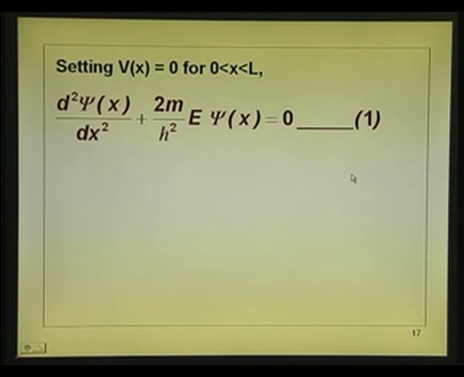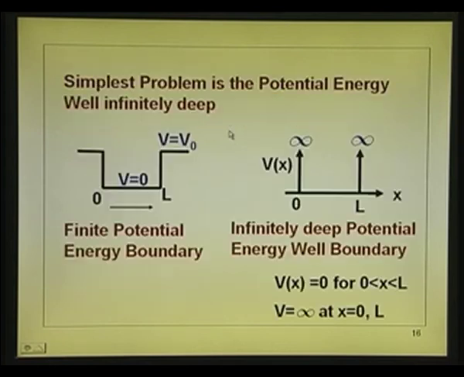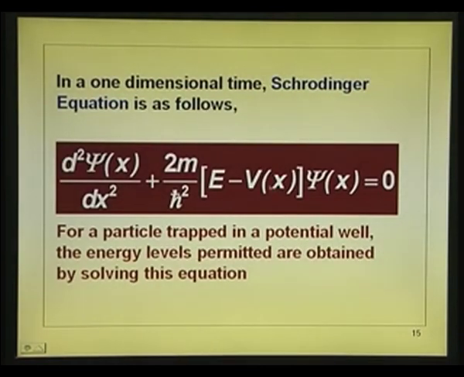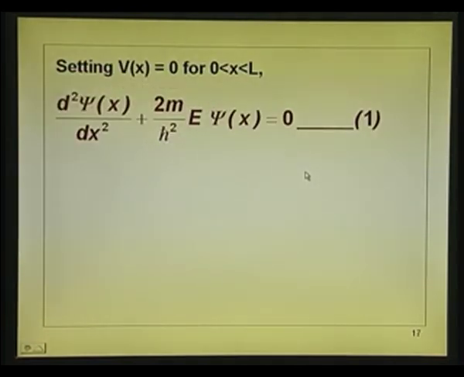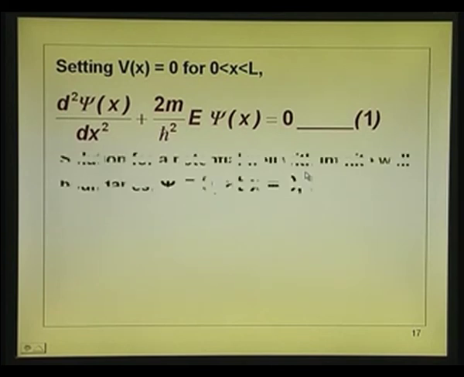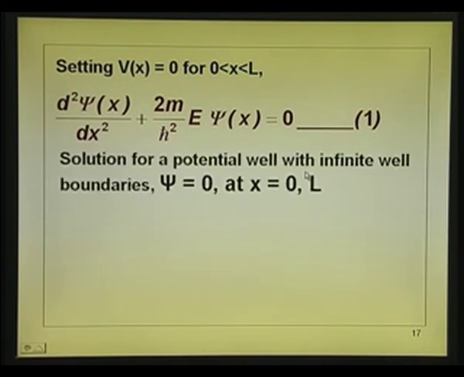From the more complex one dimensional equation, you remove that V, and you get this equation. V is 0 in the region, so I get 2m by h bar squared E into psi of x. That is the equation which you solve with the boundary condition psi equal to 0 at x equal to 0 and L. Psi equal to 0 means that the probability of occupation is 0 at the boundary.